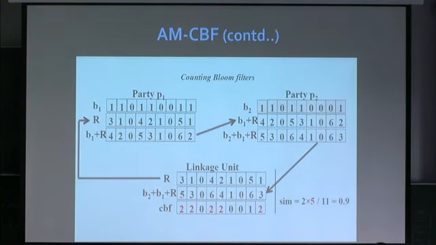So by subtracting the random vector, we get a counting Bloom filter, and then the linkage unit calculates the similarity of these Bloom filters using the counting Bloom filter, and that gives a dice coefficient similarity, so that the linkage unit can classify the record pairs into matches and non-matches.